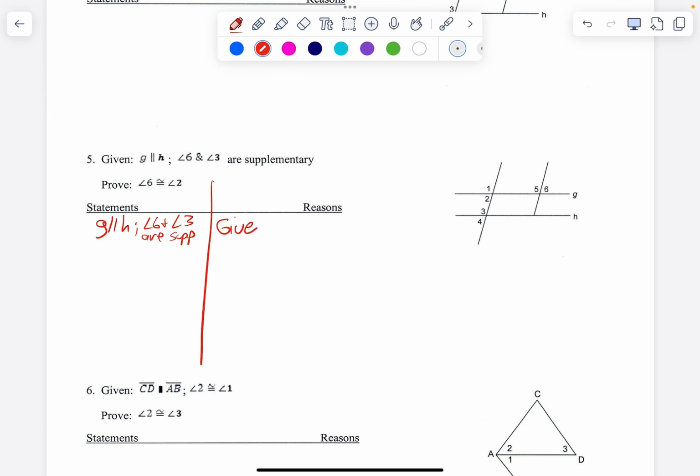So just getting the givens on here. And notice that G parallel to H is not shown in the figure. So that should be added. Remember, we just put arrows for parallel lines.